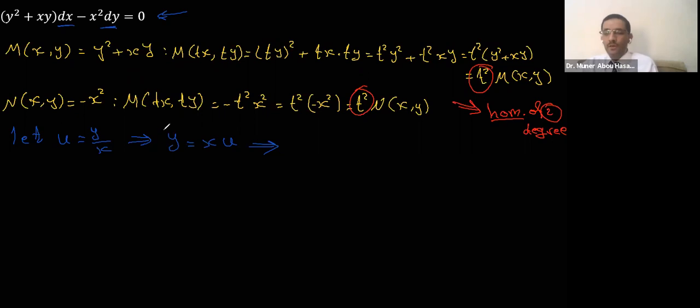So the differential of y is dy, equal to the differential of the product. It's very similar to the derivative of a product. It is the differential of the first, dx, times the second, u, plus the differential of the second, du, times the first function, x.